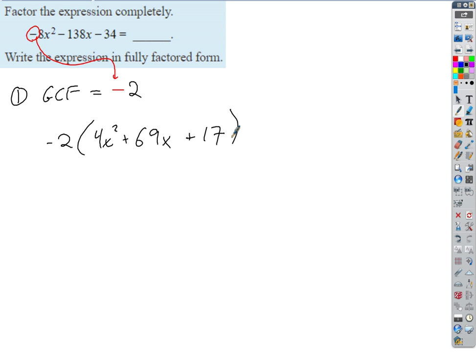17. Okay? Good. So now what's A? What's B? What's C? So A times C, 4 times 17 is what, 68? Is that right? 34, yeah.